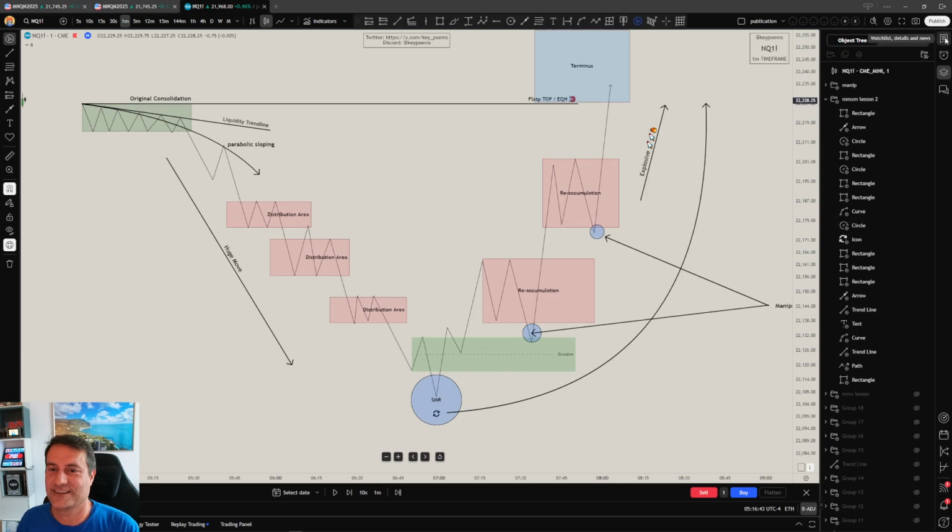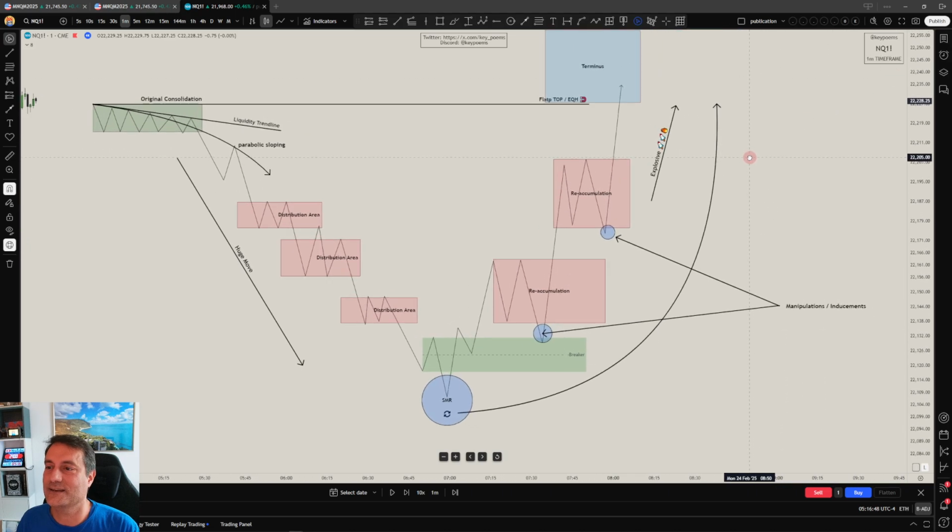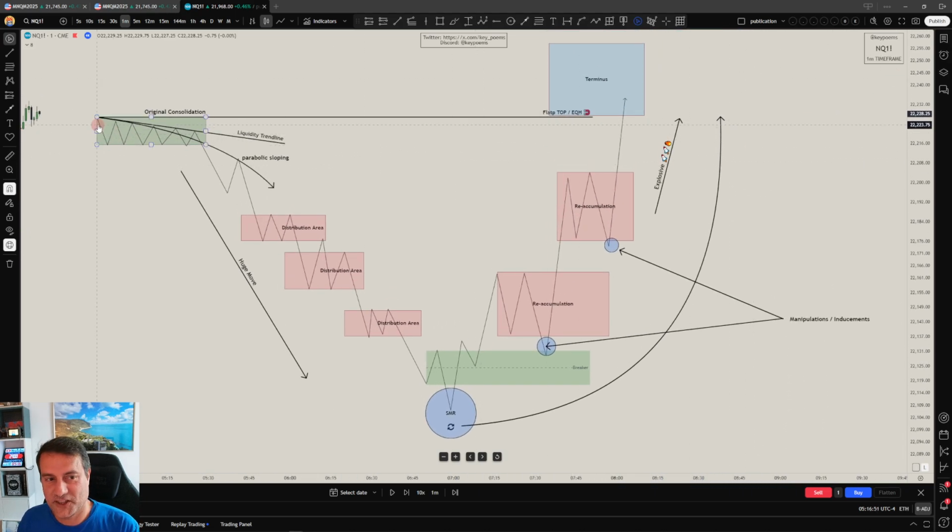So burn this image in your mind, because if you can identify this, you will be able to see where we are. Even if you only see it here, that's actually the place.